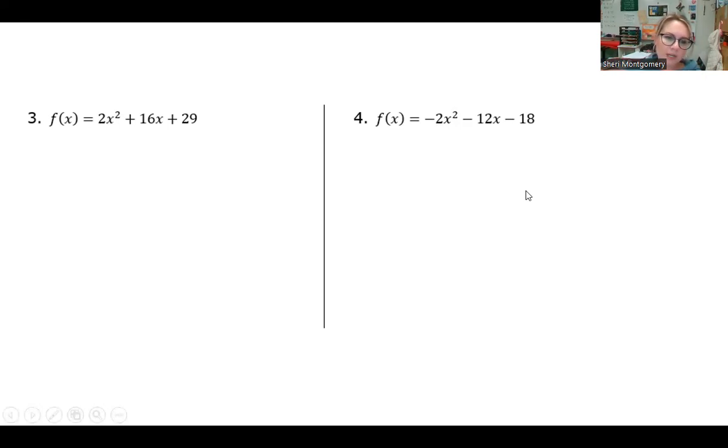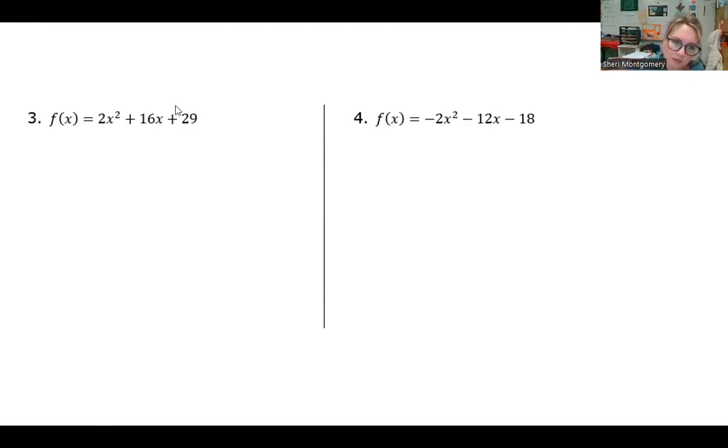So for question 3, we're still going to set it up. First, we have to divide out whatever number is in front of the x. So if A is not 1, we have to divide it out, but you only have to divide it out of the x terms. This works separately.